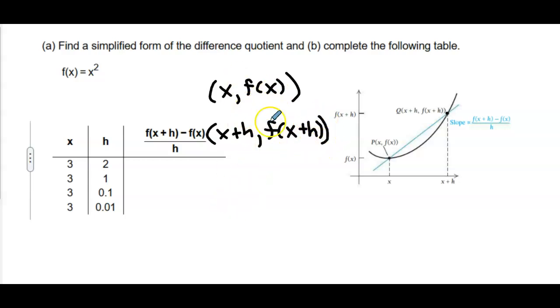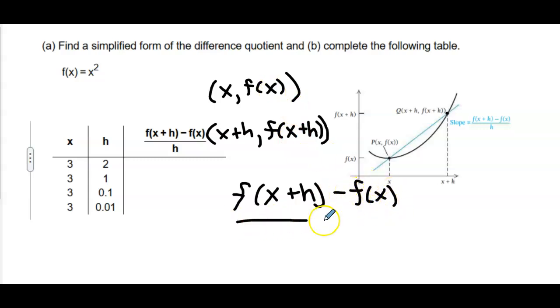And if we find slope with these 2 points, if I was to subtract my y here from the initial y, f of x, there's my change in the y-axis. And if I grab the x associated with this f of x plus h, and I subtract the x for the other point, we end up with the difference quotient because the x's will cancel out.